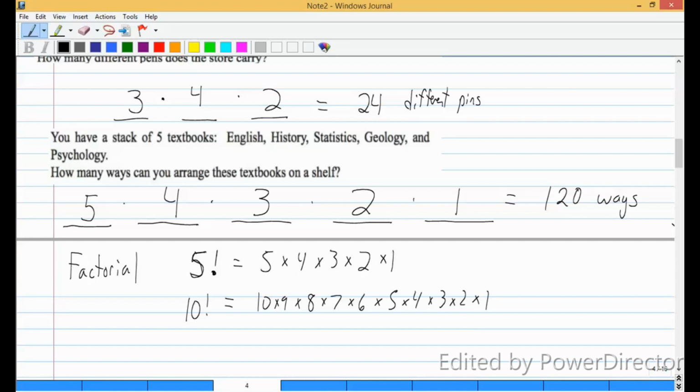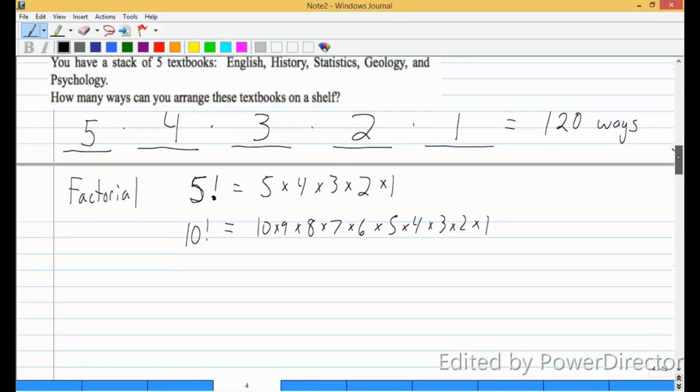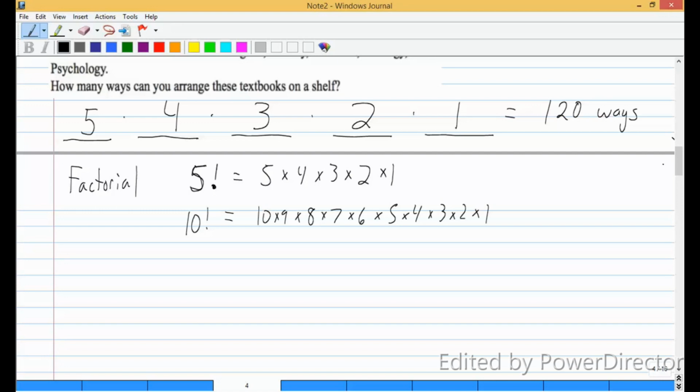Okay? And so we have to use factorials to help us do other types of counting calculations. The official definition in general terms: n factorial is equal to n times n minus 1 times n minus 2, and then you keep multiplying until you get to 1. So I'd say times 3 times 2 times 1.